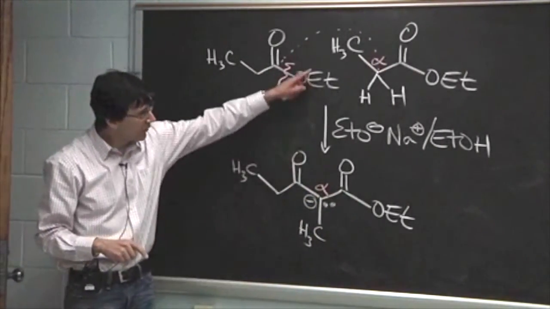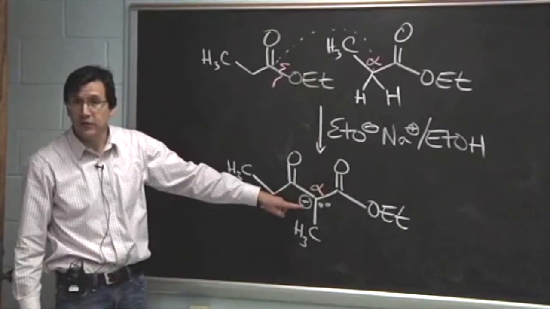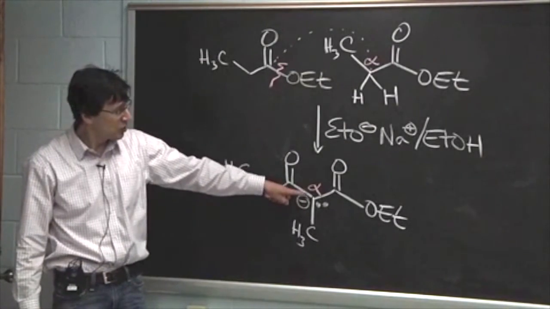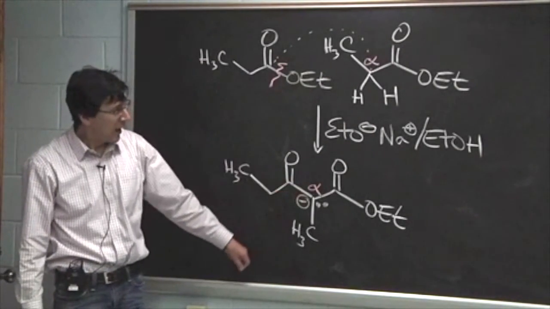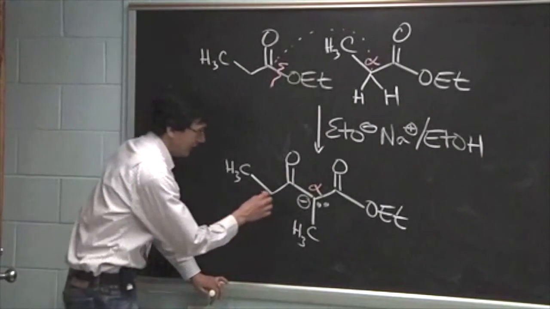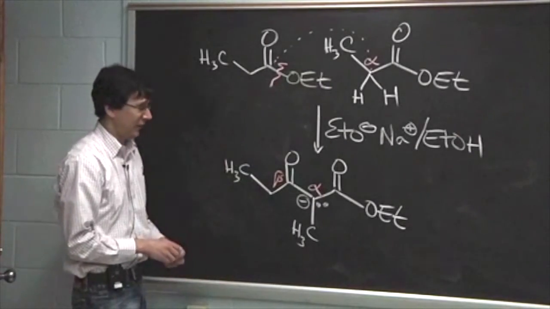The product after this initial part of the Claisen condensation is going to take us to this enolate anion. Remember, the deprotonation in the center position is the reaction driving step of the Claisen condensation. And here is my beta carbon of this beta ketoester.